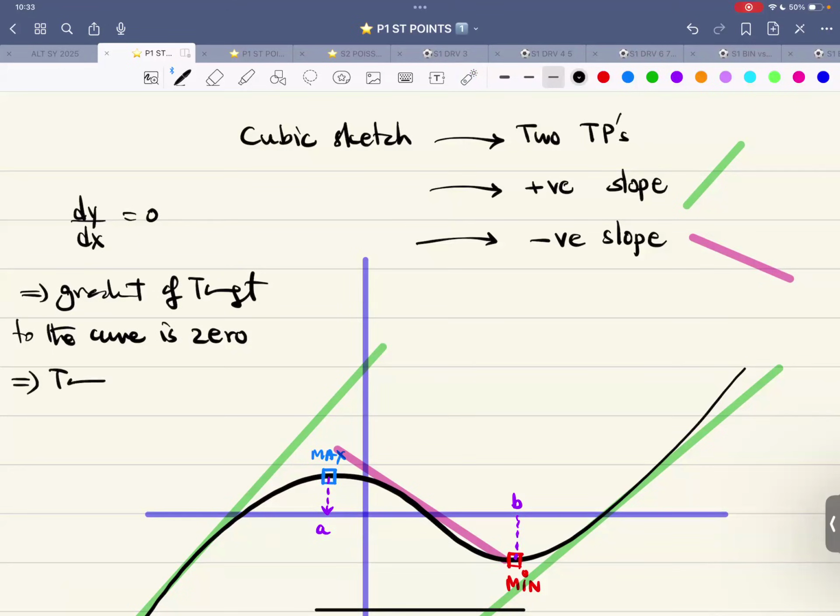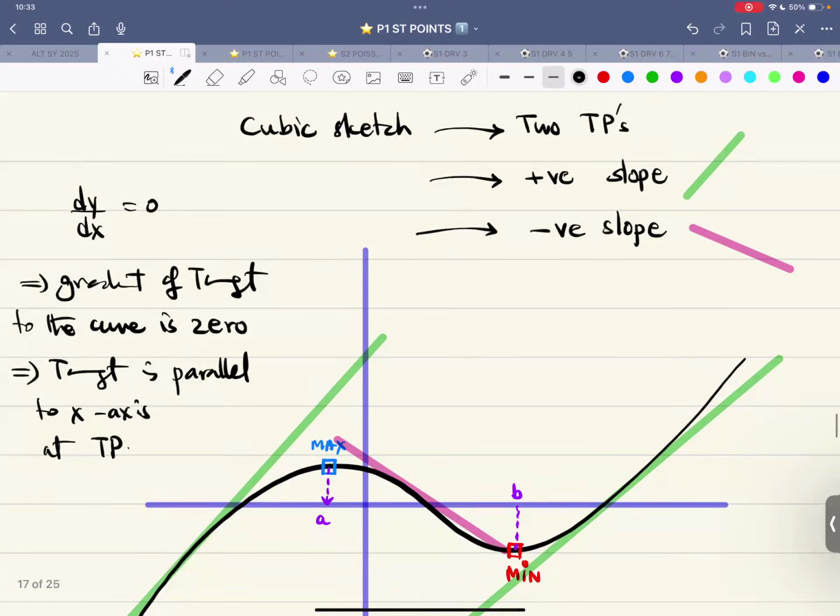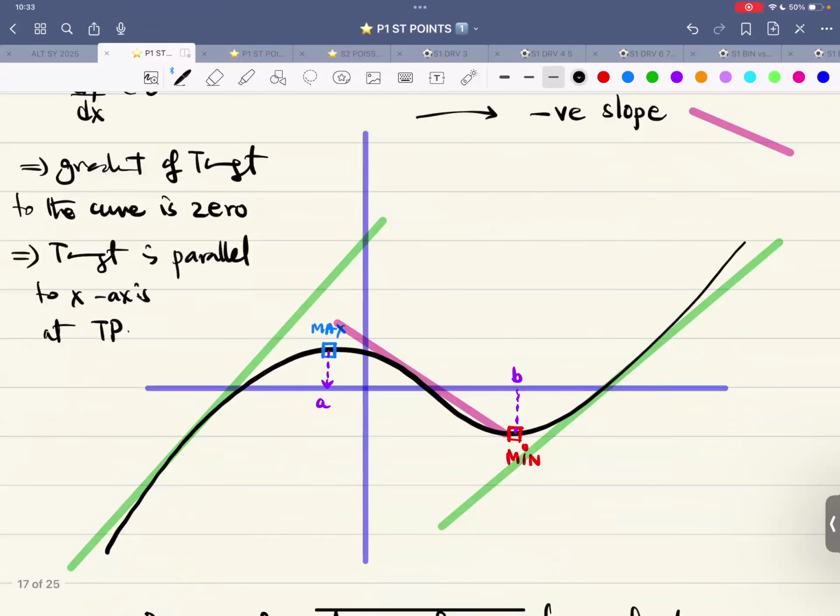That means the tangent is parallel to the x-axis at the turning point. So at the turning point, if I draw a tangent over here, let me draw a purple tangent that is parallel to the x-axis. So that is over here like this.